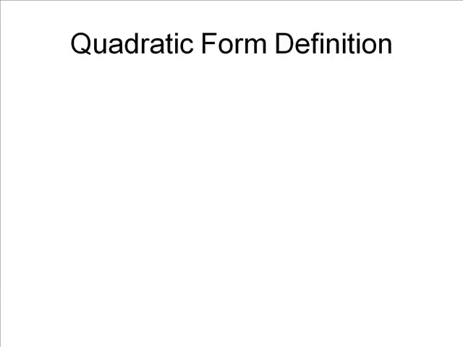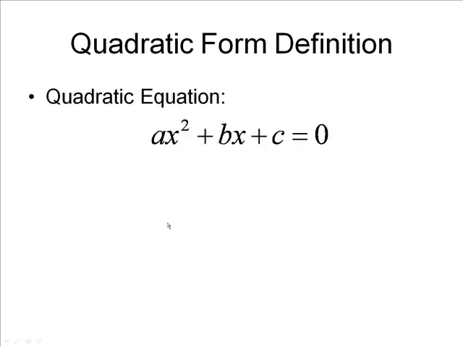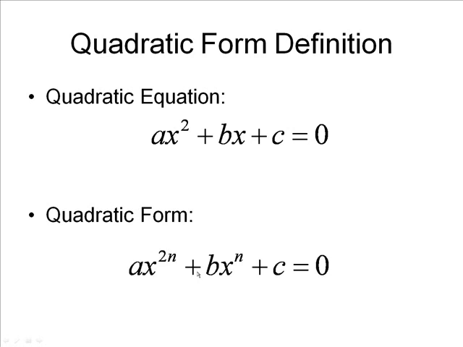Quadratic form. The quadratic form is an equation that is similar to the quadratic equation but slightly different. In a quadratic form equation, the exponent is not necessarily 2 and 1 like it is in the quadratic equation. The first exponent will be twice as much as the second exponent, and you still have a constant as your c term.